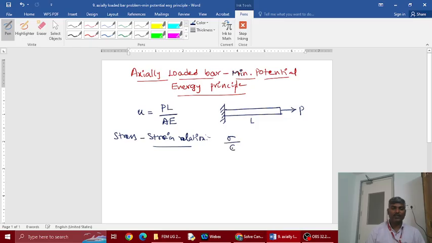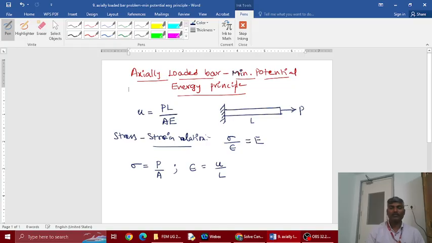Stress divided by strain is the modulus. So what is stress for us? It is P by A, load by area. What is strain? Change in dimension by original dimension.